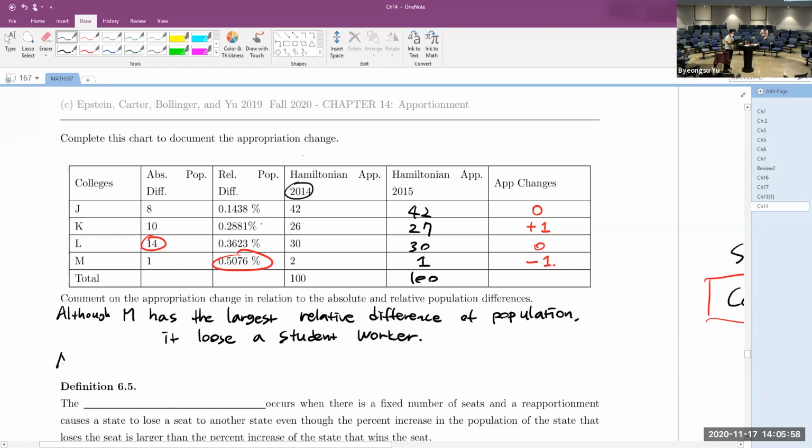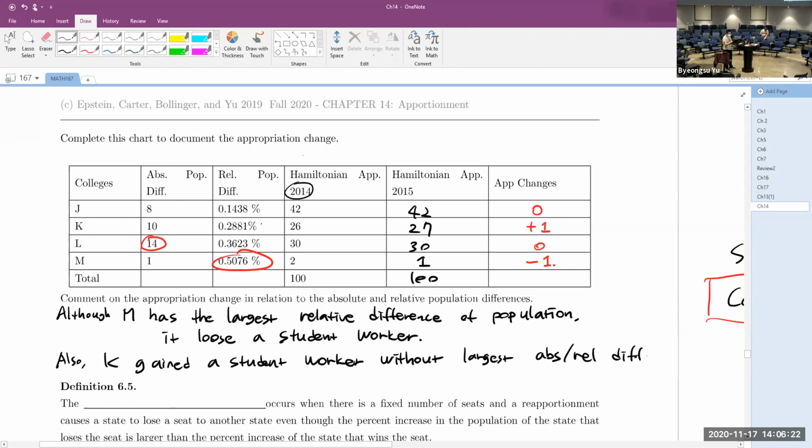And also K gained a student worker without the largest absolute or relative difference.